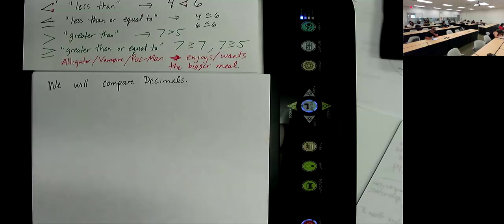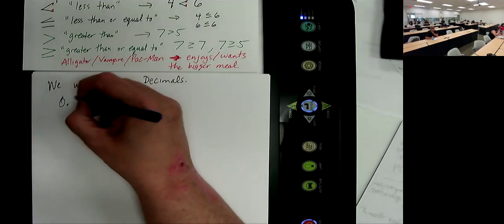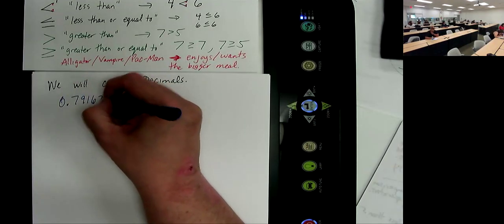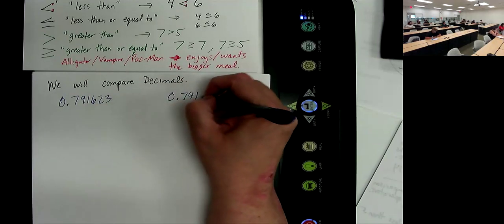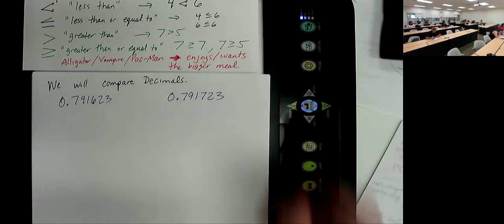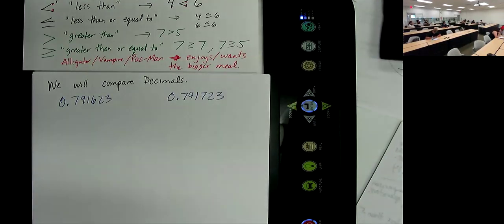Let's say we're comparing 0.79163 and 0.79173, and we want to decide which number is the larger number.